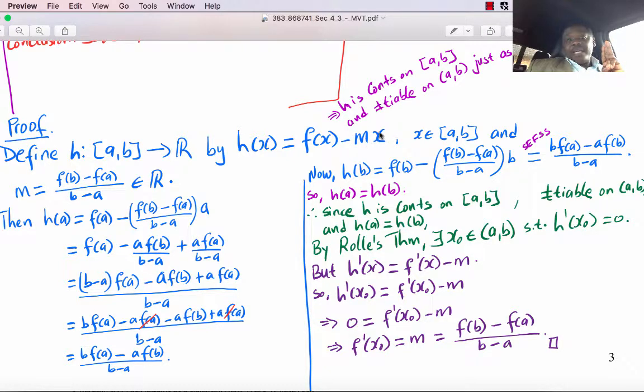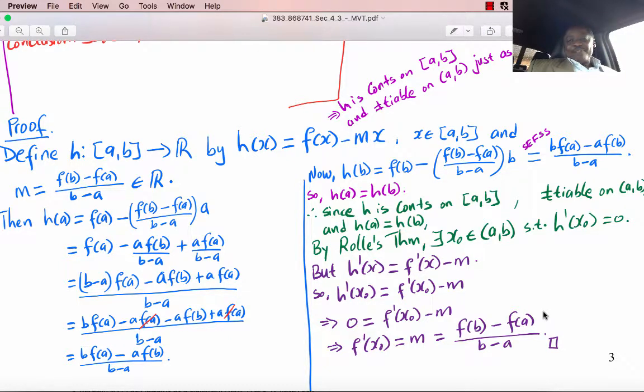You can quickly verify by the definition of derivative that the derivative of mx is just m. So h prime at x equals f prime at x minus m. And if the first derivative equals 0, we are saying here that 0 equals f prime at x0 minus m. And solving for f prime at x0, we have f prime at x0 equals m, and our m is f of b minus f of a divided by b minus a, which we defined. And that concludes the proof, and we're done.